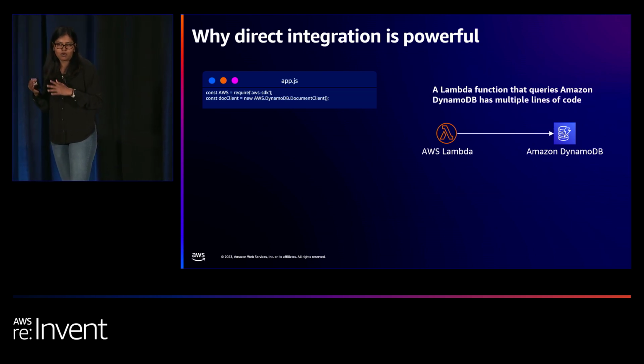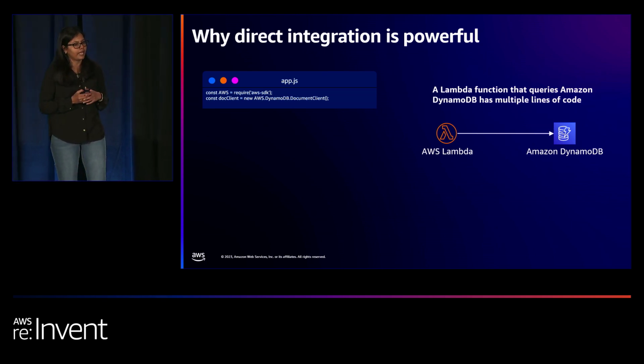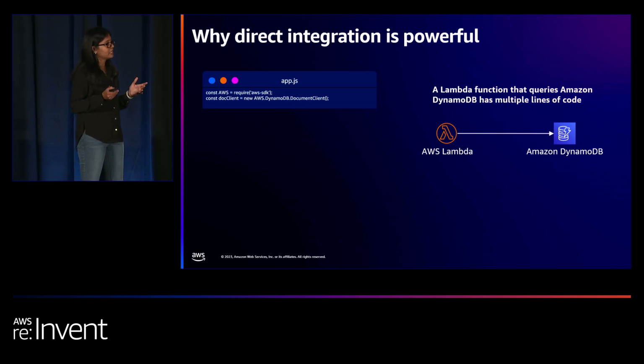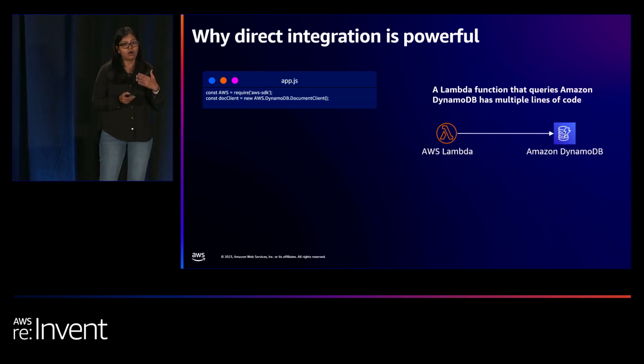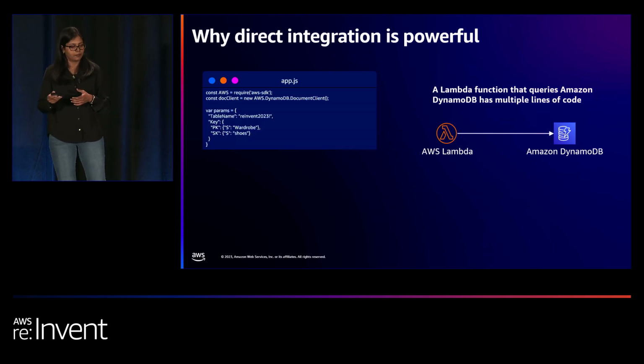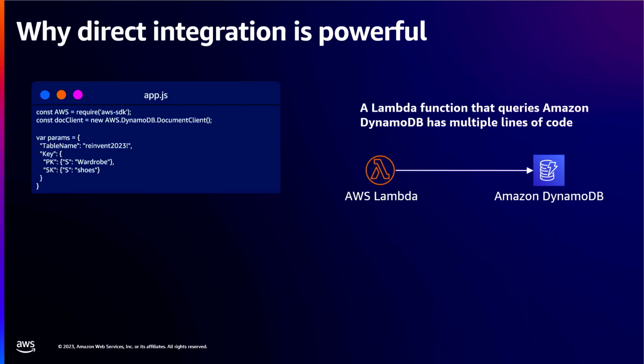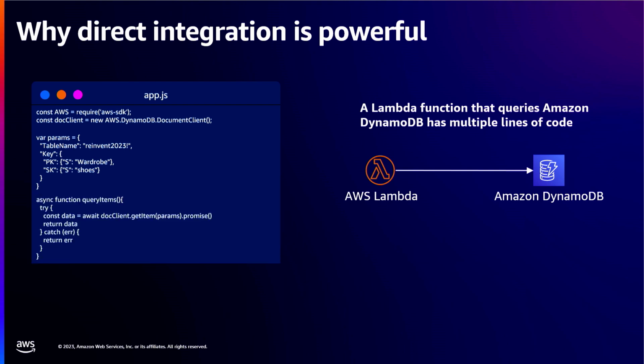I'm going to write a small code in AWS Lambda. The first thing I'm going to do is to import the libraries required to call the DynamoDB API. Then I configure the table name and the keys to fetch the item. Then I might write a simple function which calls the DynamoDB API, and I'll wrap it up with try-catch.